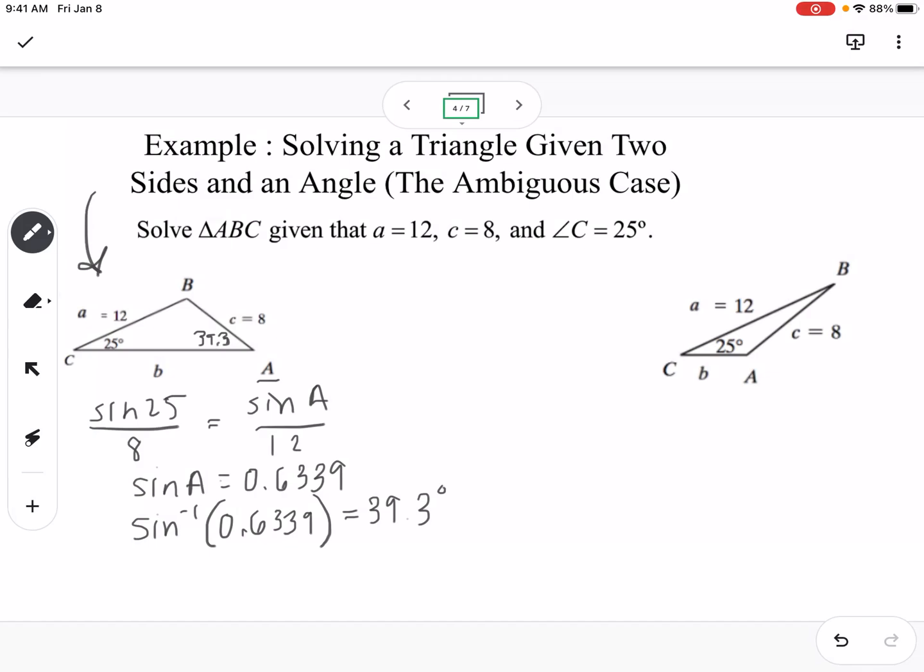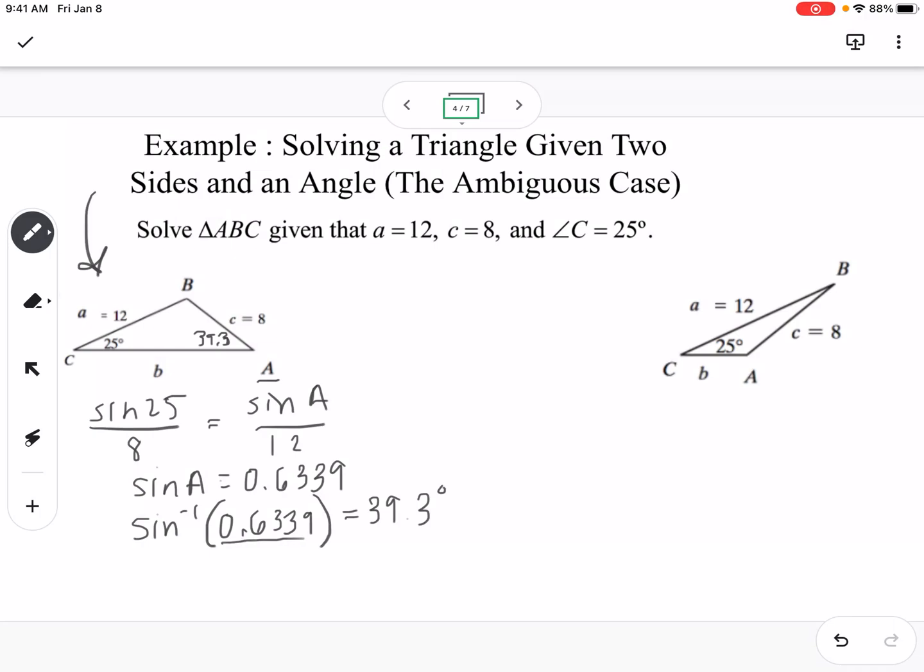Okay, so once you find that first angle, you're going to want to determine, is there only one triangle or are there two triangles? So we know there's at least one because we got a valid answer here. To determine if there's a second triangle, we know that with sine, there's two values.